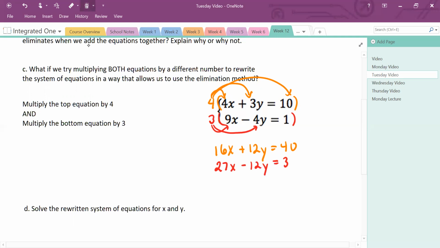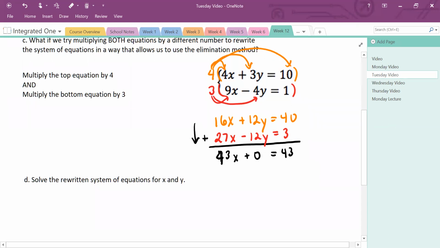Now I see where my variable is going to be eliminated. If I add down, I get 16 plus 27, which is 43x. But 12y minus 12y is just 0, equal to 40 plus 3, which is 43.